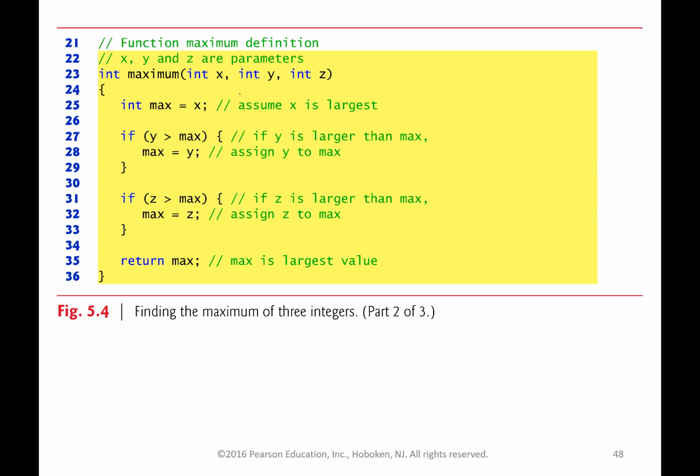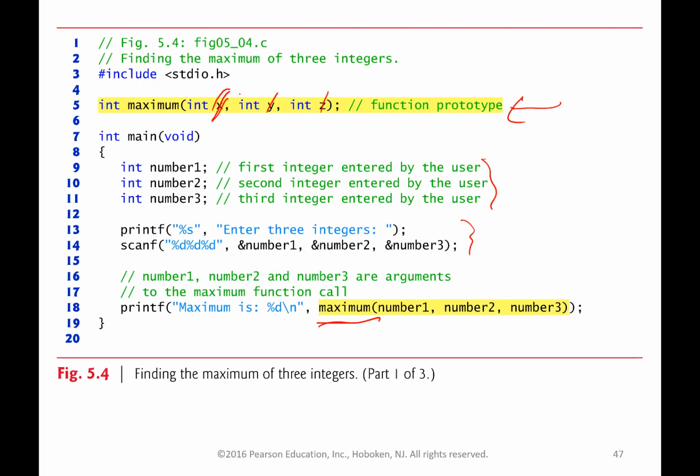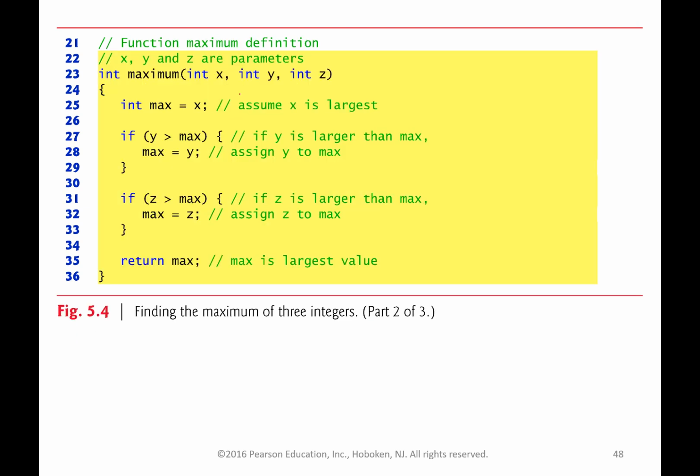To save myself typing and to prevent errors, I do a copy paste. My prototypes almost always match exactly my header. So one of the things you want to make sure is that you don't change the order. In other words, don't do int y, int x, int z at the top, and then down here do x, y, and z in that order. Keep the order the same.